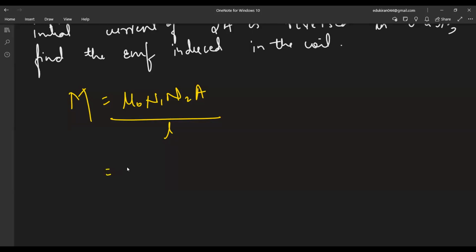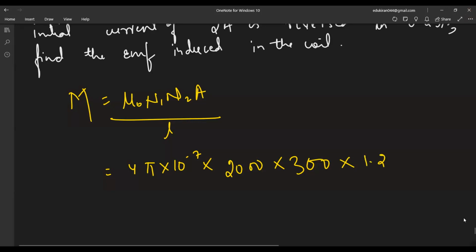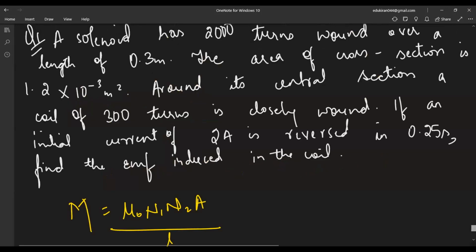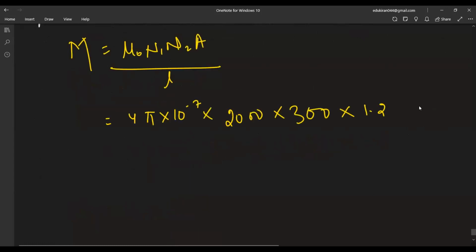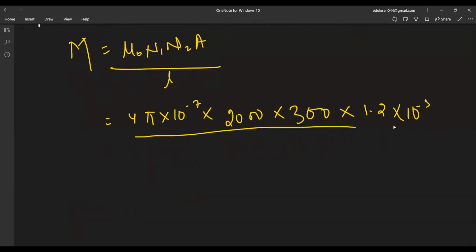See, this is 4 pi into 10 to the power minus 7, 2000 turns, no? That was 2000 turns. Inner one was 300. Area of the cross section was 1.2 into 10 to the power minus 3, divided by 0.3.